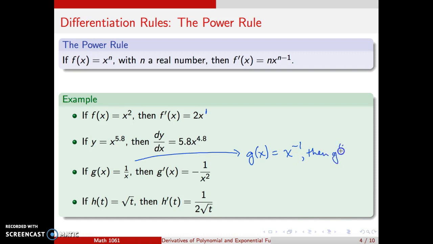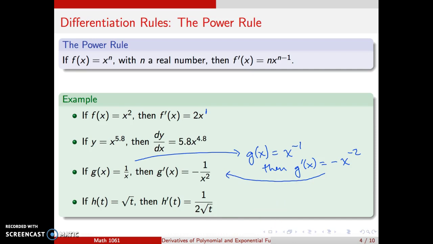Then g prime is going to be negative 1 times x to the negative 1 minus 1, so negative 2. And then you can write it back in that form there, if you like.